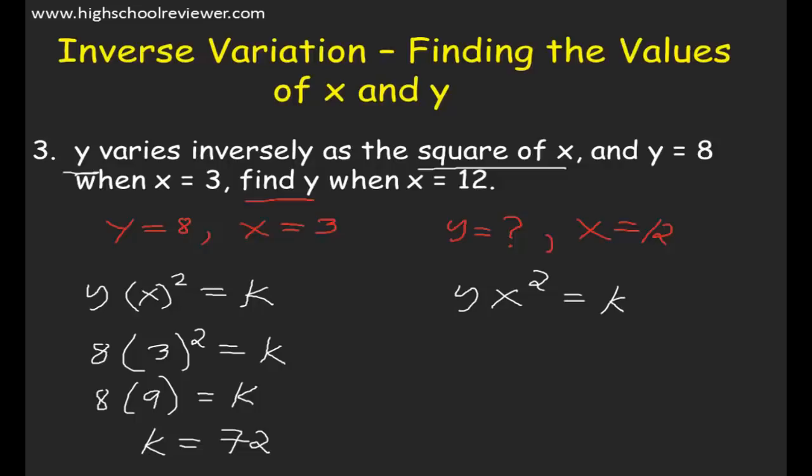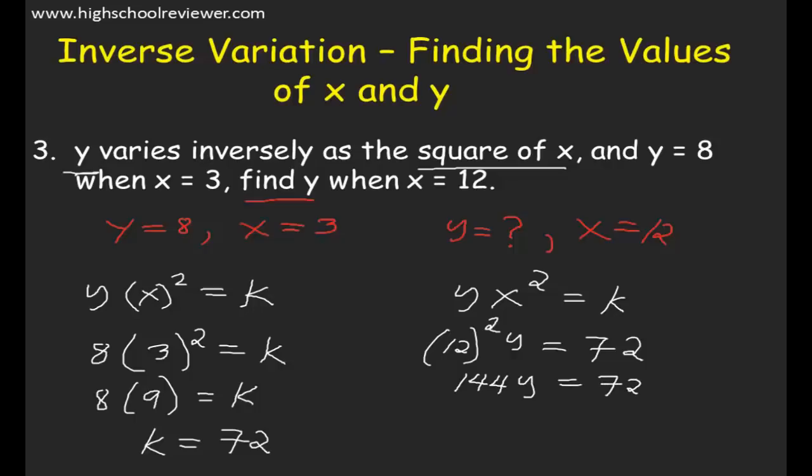Our y is the unknown, and our x will be 12 raised to 2 equals k, which is 72. So we have 12 multiplied by 12, or 12 raised to 2, that will give us 144. Y equals 72.